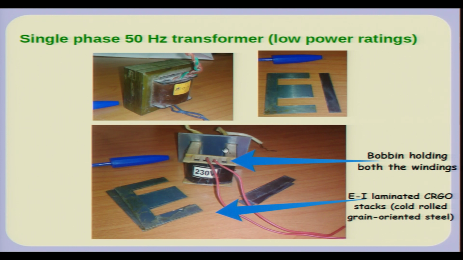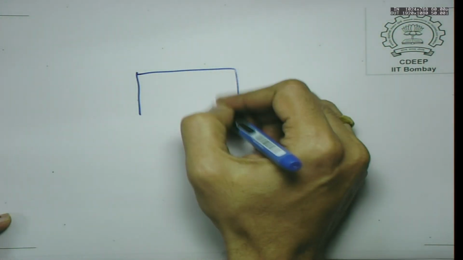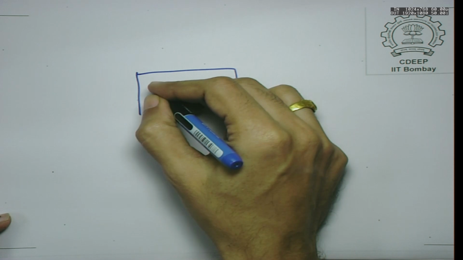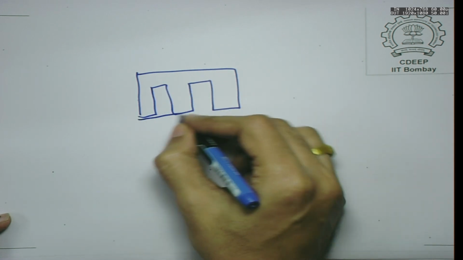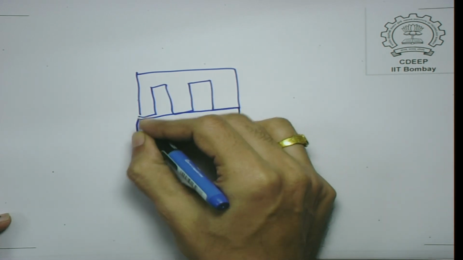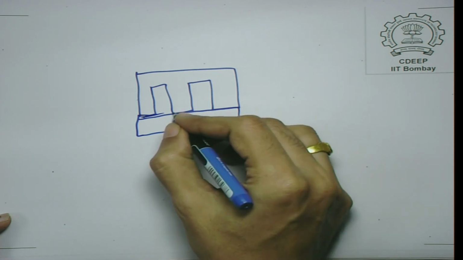Okay. So, this is just illustrating how the transformer is made. You have a bobbin, which is like a cylinder on which the windings are wound. So, what you have here is a stack of these EI cores.